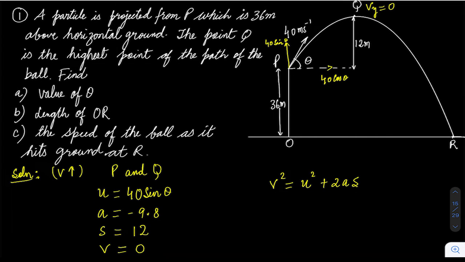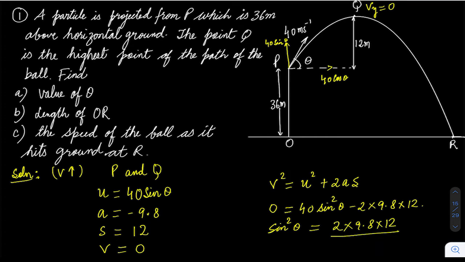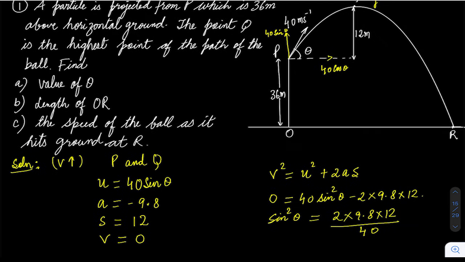So V is 0 and U is 40 sine theta. So 0 equals 40 sine square theta minus 2 times 9.8 times 12. From this, I'm getting my sine square theta as 2 times 9.8 times 12 divided by 40 square.